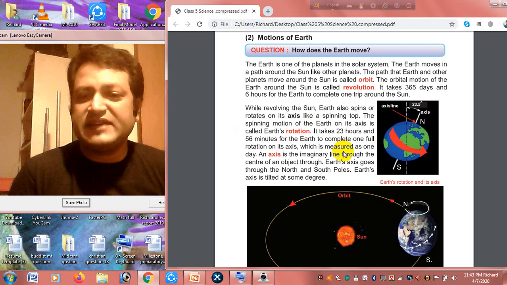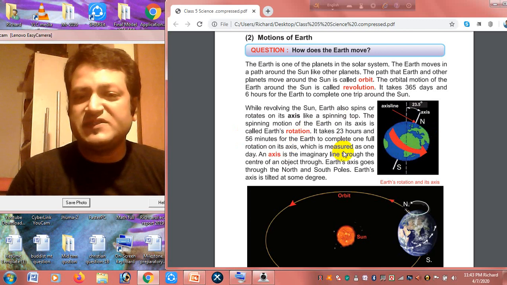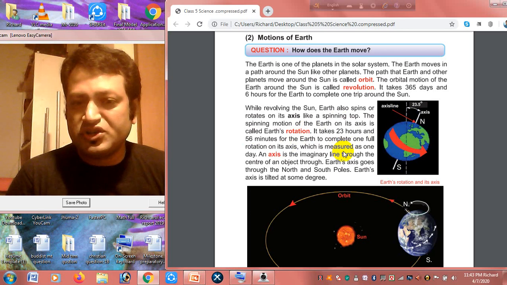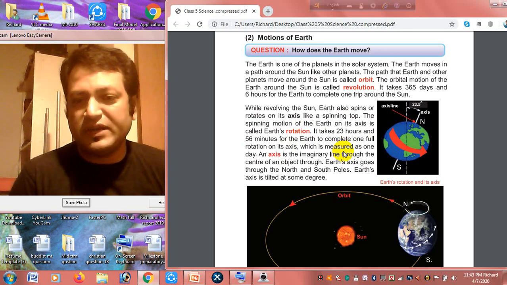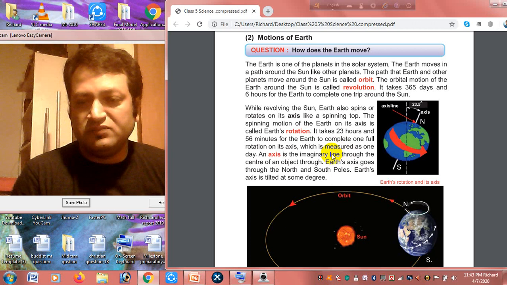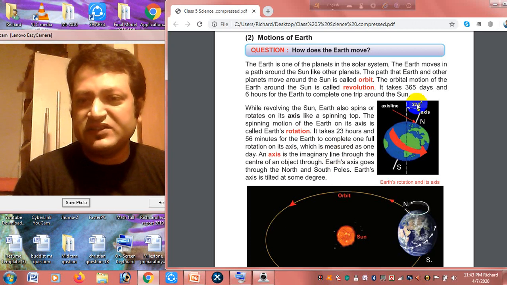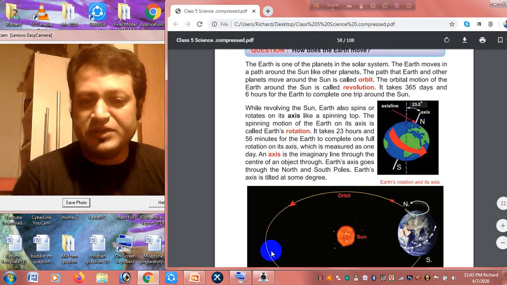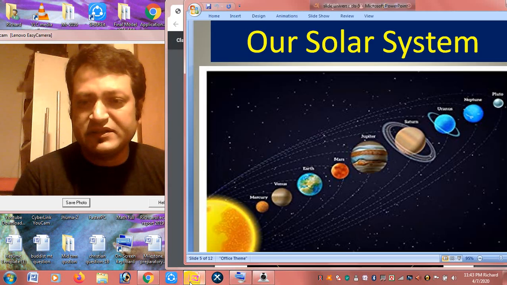It takes 23 hours and 56 minutes for the Earth to complete the full rotation on its axis. The axis also creates a 23.5 degree angle.